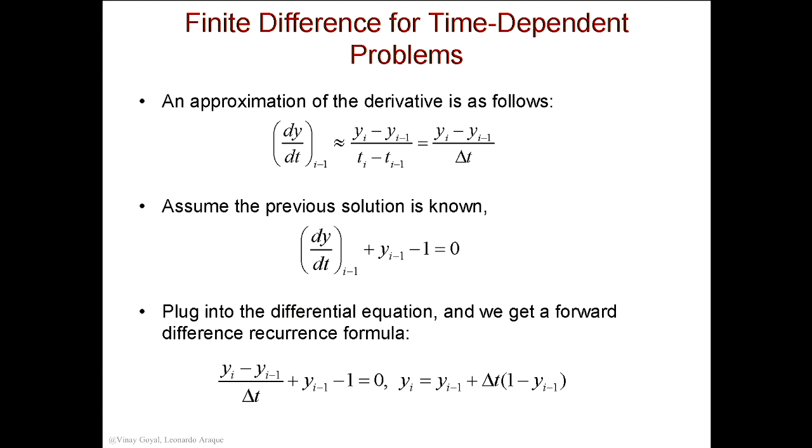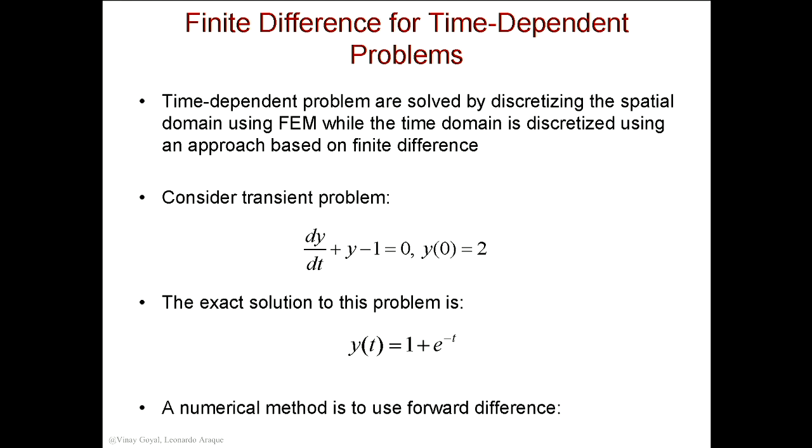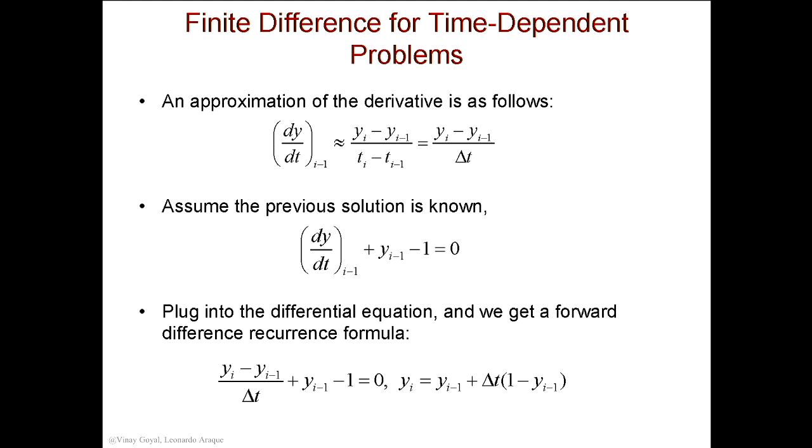Now, if I go back to the differential equation right here, and I look at it at the previous time step. This, I hope, is true at the previous time step.